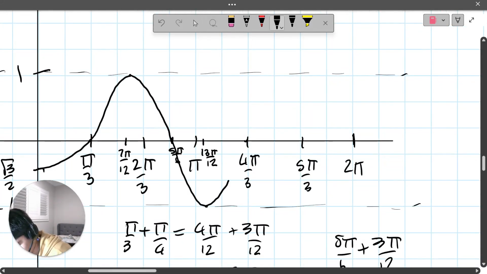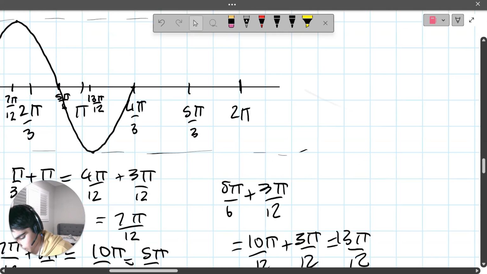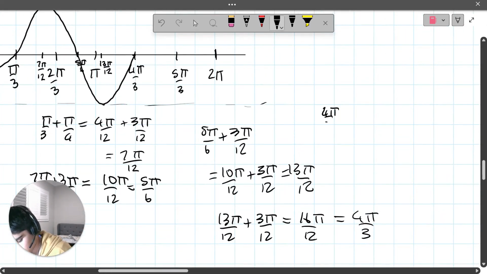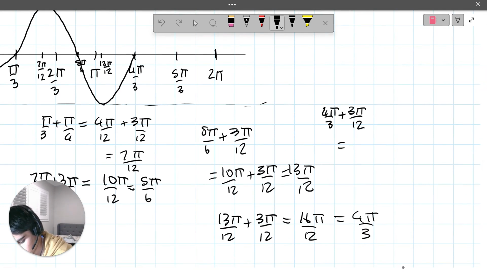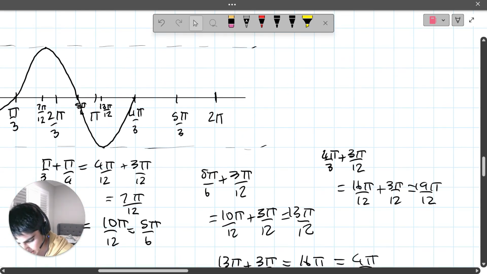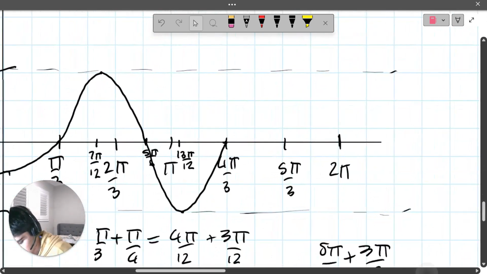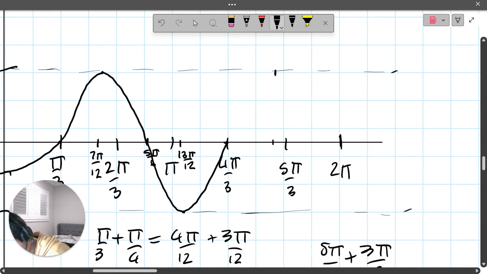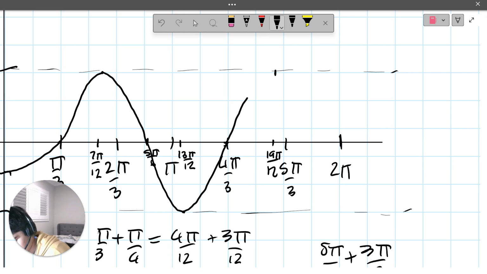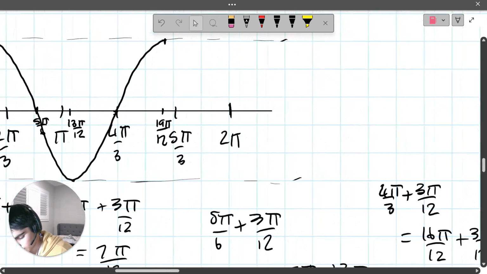Let's bring this back up here. 4 pi on 3 plus 3 pi on 12 equals 16 pi on 12 plus 3 pi on 12, which equals 19 pi on 12. Now 19 pi on 12 lies around here. So let's just put this here, 19 pi on 12.